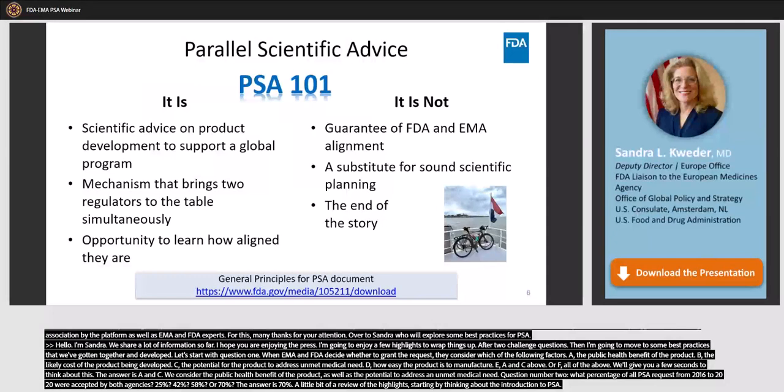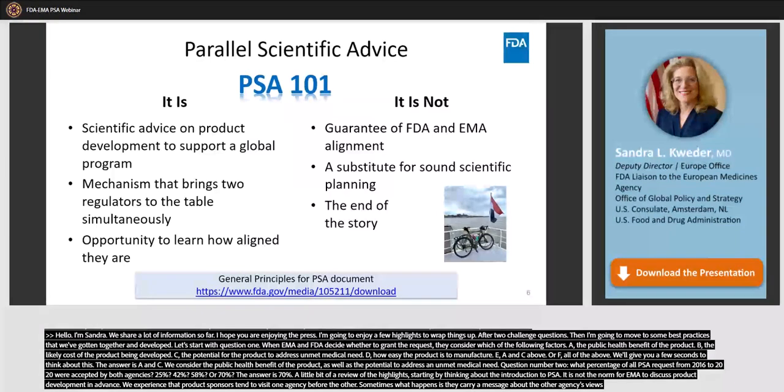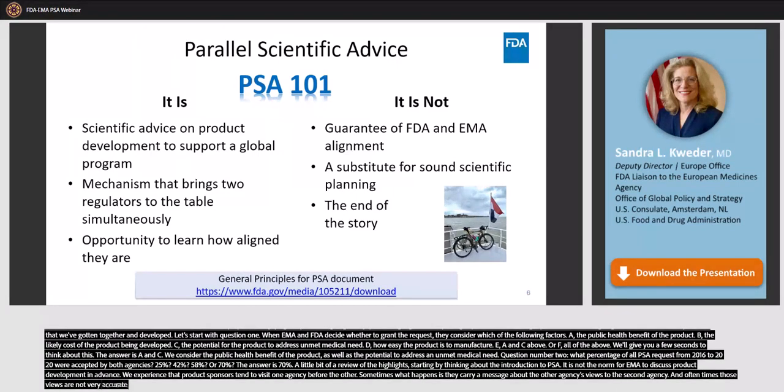Historically, too, we have experienced that sponsors tend to visit one agency before the other, and sometimes they carry a message about the other agency's views to the second agency. Oftentimes, those views are not very accurately captured, and this can create confusion.